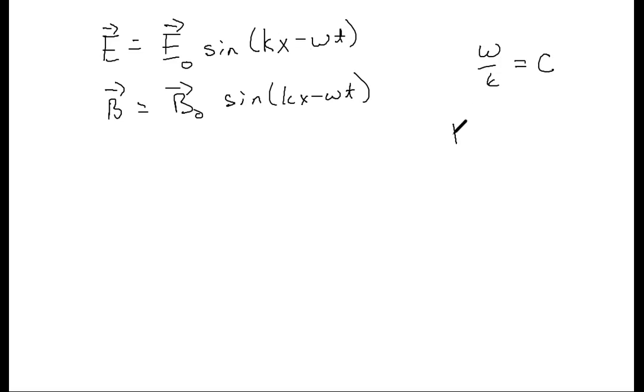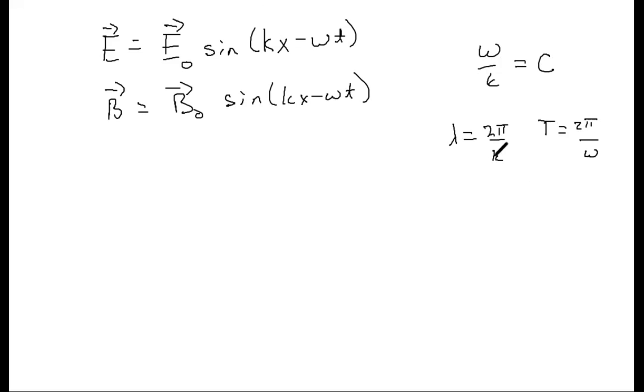Remember we had these other quantities. You could define lambda, which is 2 pi over k, and you could have the period, which is 2 pi over omega.